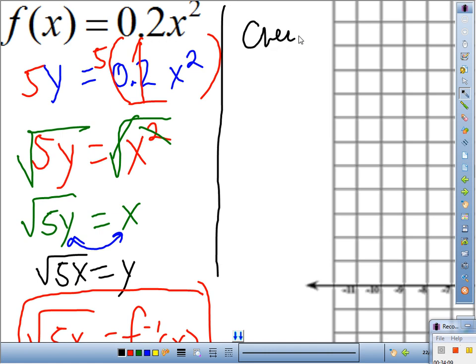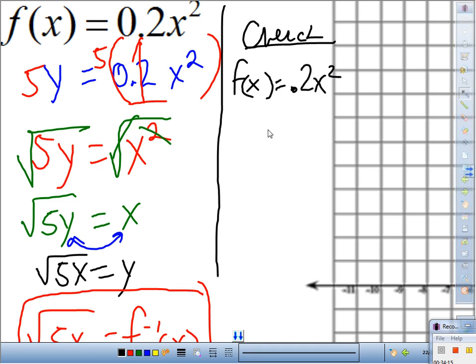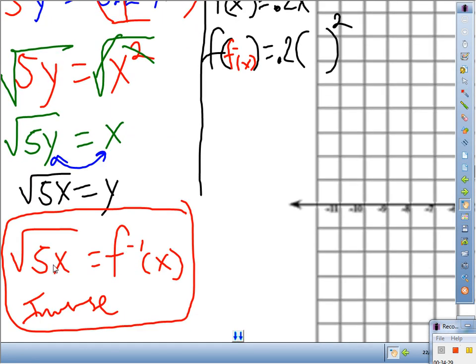Check. So we write f of x equals 0.2 x squared. F of parentheses equals 0.2 times parentheses squared. What goes inside the parentheses, everyone? F inverse of x. What was the rule for the inverse of x? Square root of 5x. That goes in here. Square root of 5x.